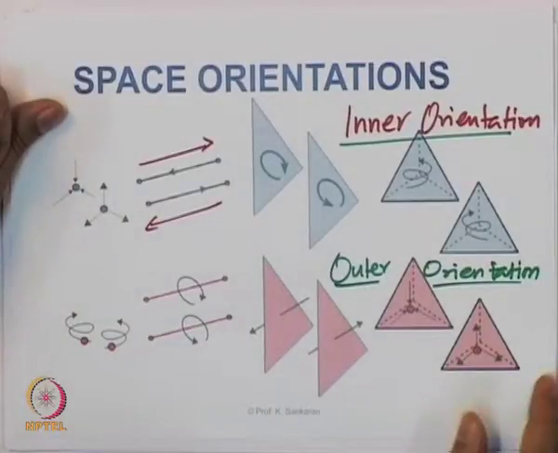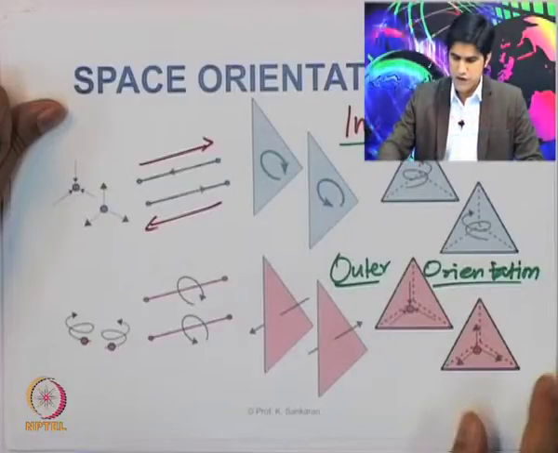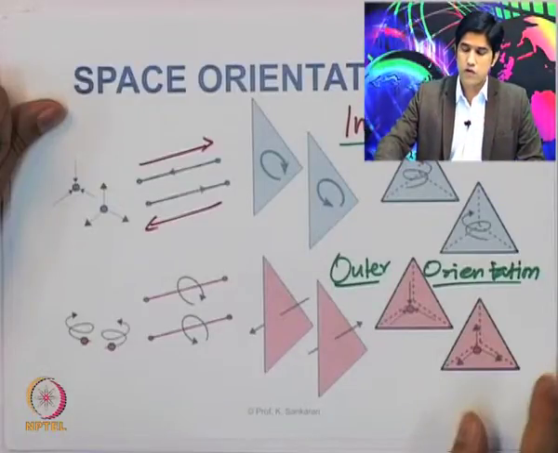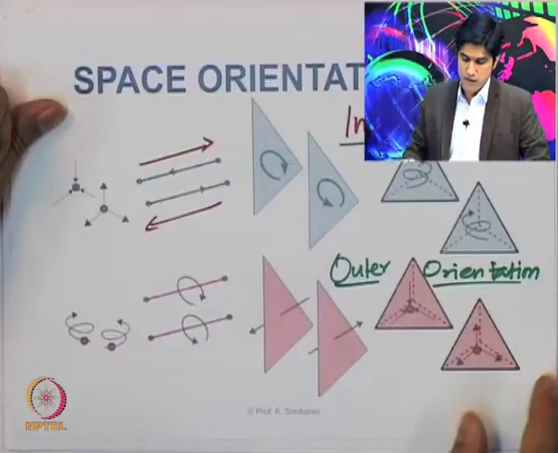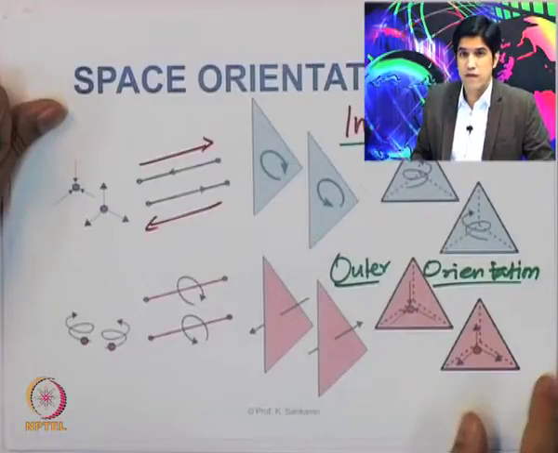I have to tell you something that you have to pay attention to before making a conclusion on inner and outer orientation. That is something called the embedding space itself.